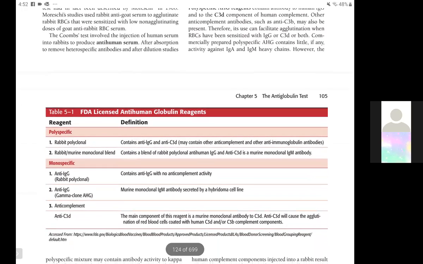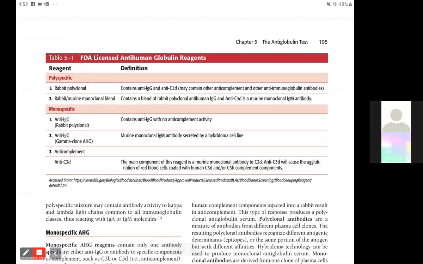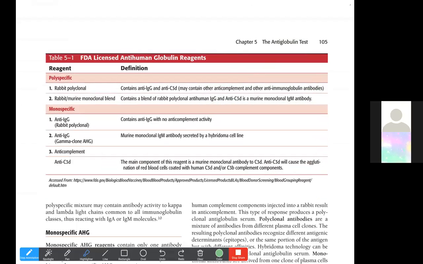So the polyspecific reagents bind to both the IgG component and the C3d component. They can bind to both, or to either one of them. Historically they have been derived from rabbit serum, and most of them are still derived from rabbit, although murine monoclonal blends can also be used.